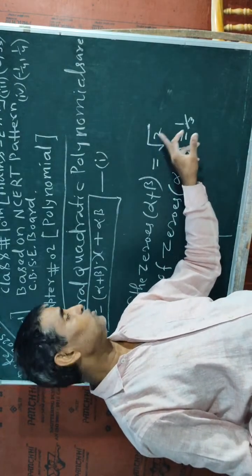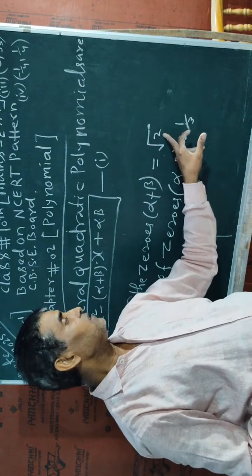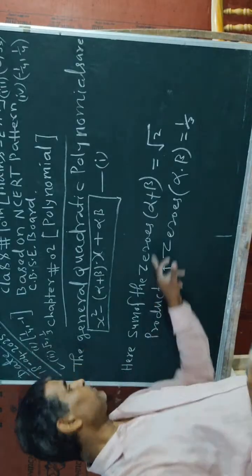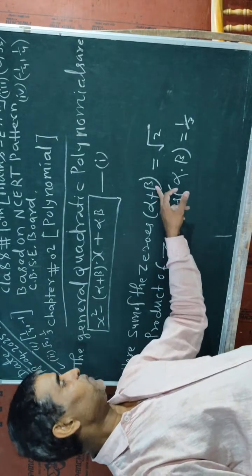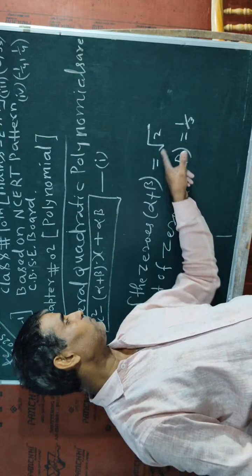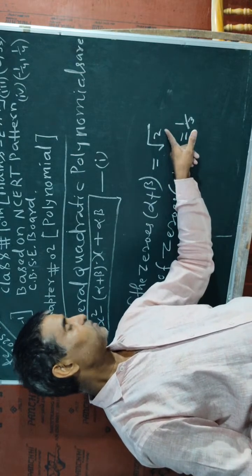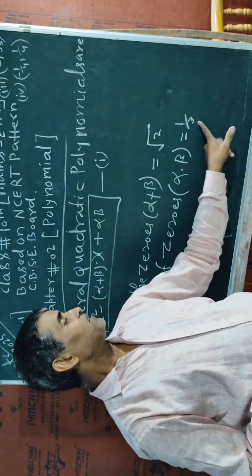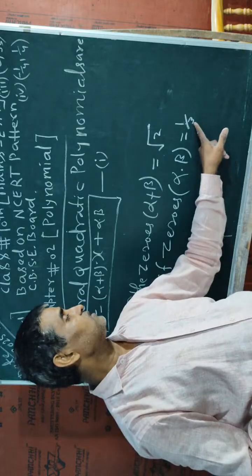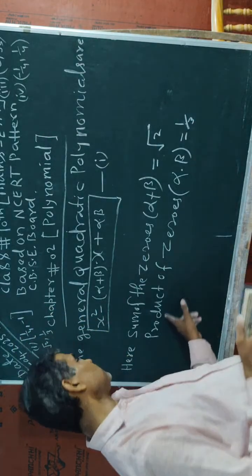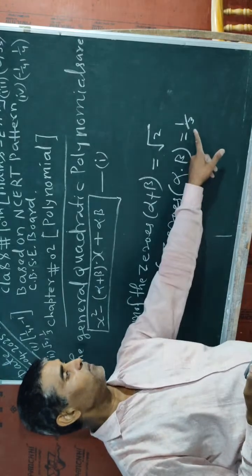In the question, in the place of root 2 you can write the sum of the zeros, that is alpha plus beta. So you have to properly write alpha plus beta is equal to root 2. Now here 1 by 3 is given, which is the product of the roots. So you have to write the product of the zeros is equal to 1 by 3.